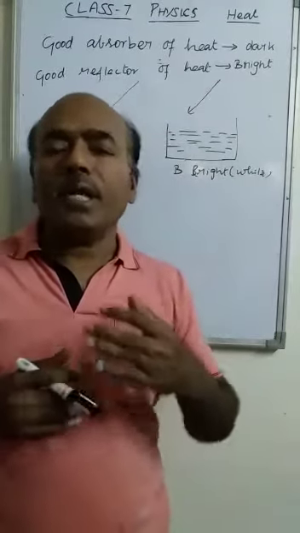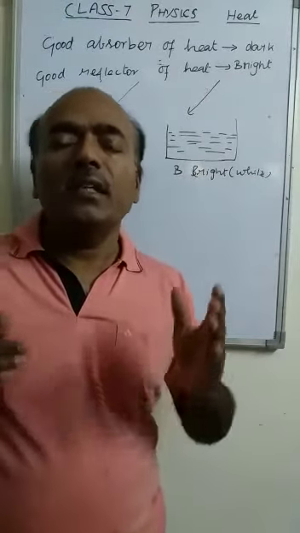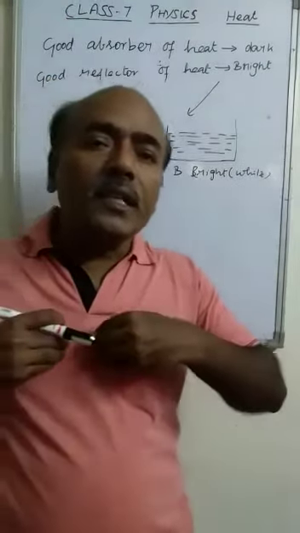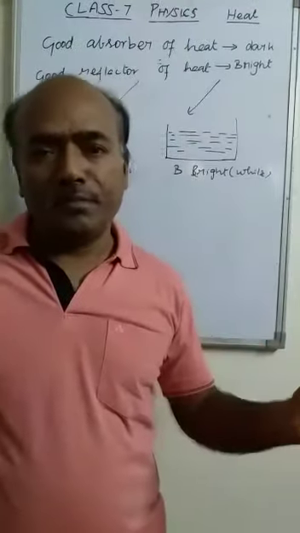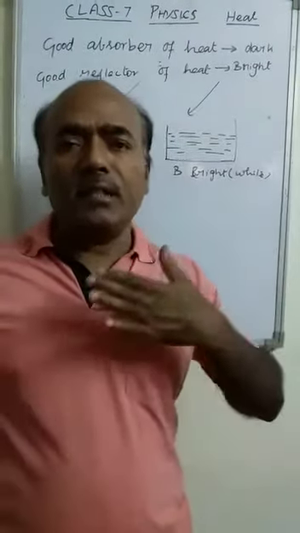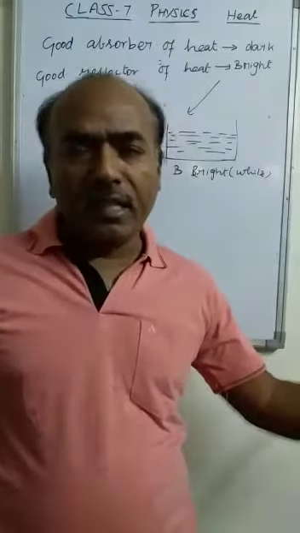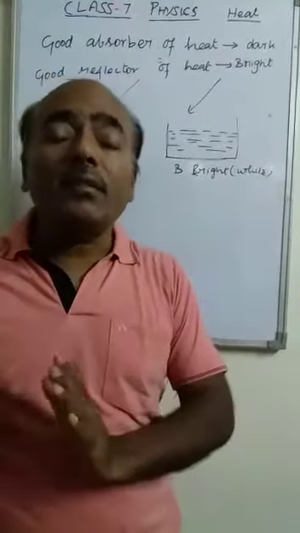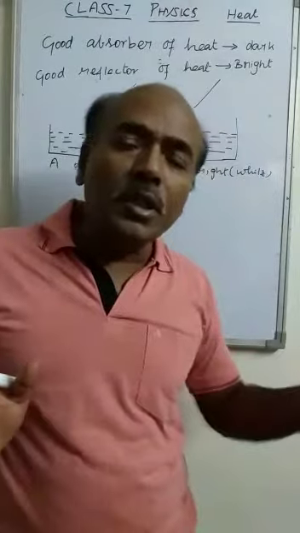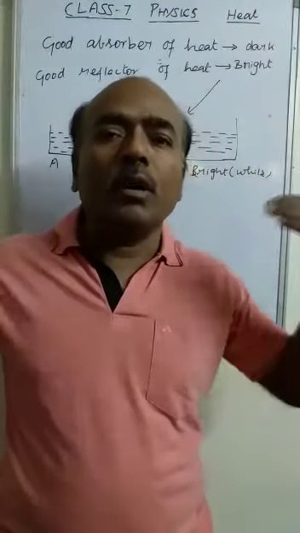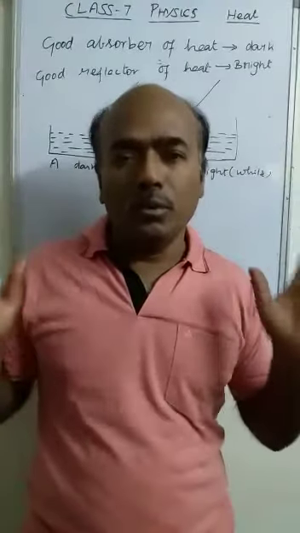That is based on the fact that during winter season the heat is released from our body to the surroundings, because the temperature of our body is greater than the temperature of the surroundings. Heat always flows from high to low temperature, so from our body the heat energy is released, and our body feels cool.